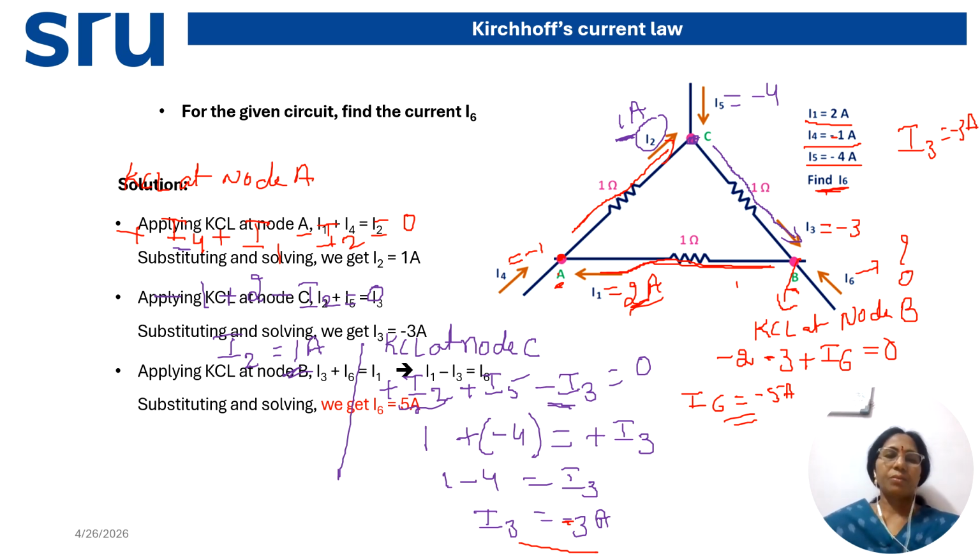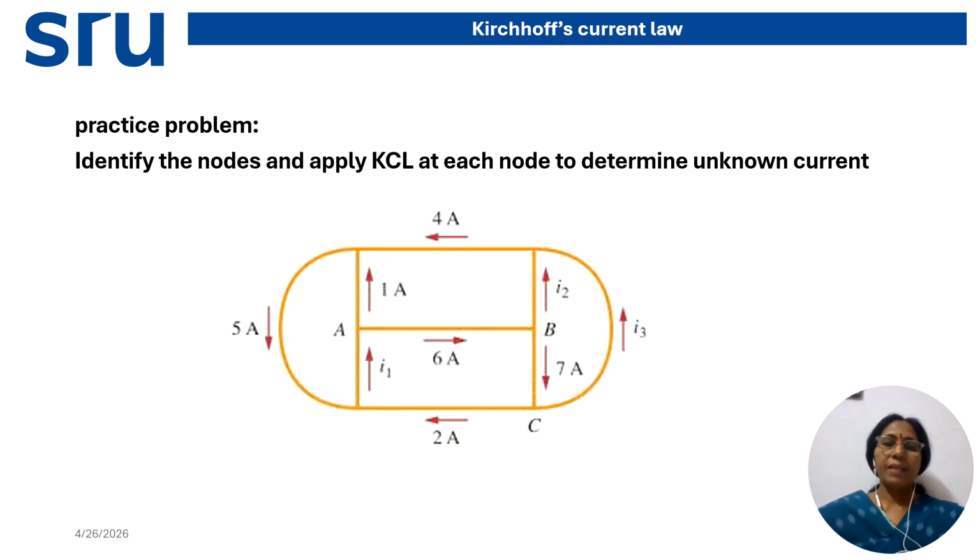Okay. So now let us take one simple example with a different combination. Here I am giving one example problem, and this is a practice problem for you. You practice this problem and find the currents. So the first step is to identify the number of nodes. Okay. Then next, apply KCL at a particular node and determine the unknown current.